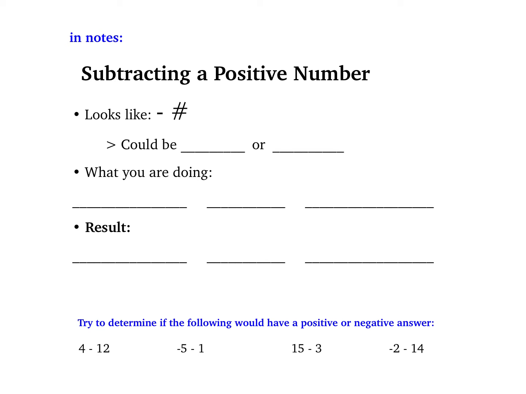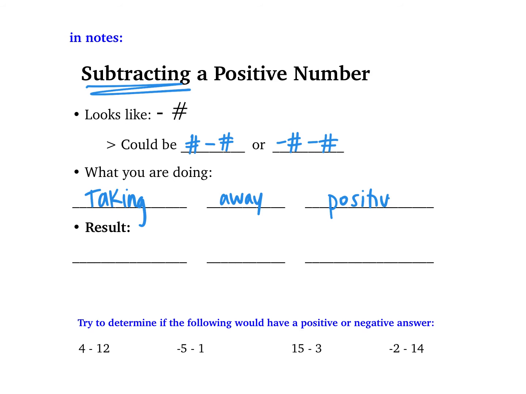We've already looked at the two different cases that you could have. You could be starting with a positive and subtracting from that, or starting with a negative and subtracting further. What you're doing when you are subtracting positives, another way to say subtracting is you're taking away positives. So if we think about what happens when you take away positives, you're going to be getting less positive.